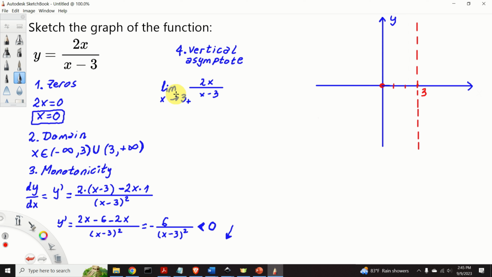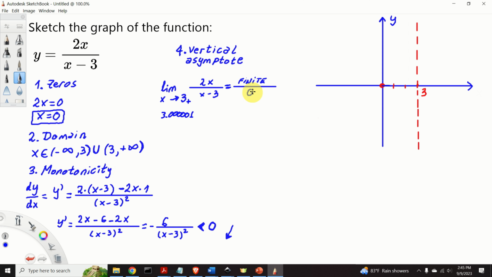This limit value means the following. We are approaching this point, the point 3, from the right side. That is, we are approaching it from this side. And we want to see what's happening with this function. If we substitute 3 plus here, that is, if we substitute 3.000001, for example, a very small value, we will obtain something finite over something that's very small and positive.